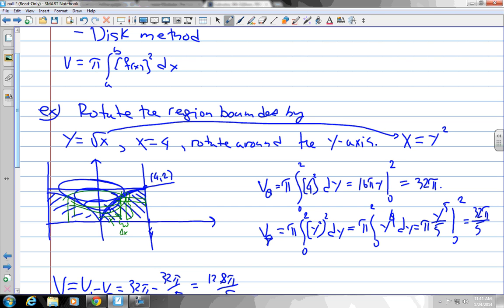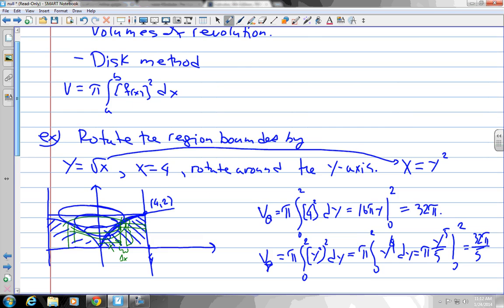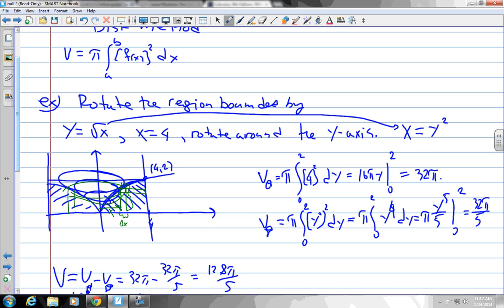So the 2 pi comes in, x would be the radius, and then you also need the circumference, 2 pi r, so 2 pi radius times the height and times the width will give you the volume of that shell. But we'll do that in 7.3. We might get to this today. But this way you can keep the functions the way they are.